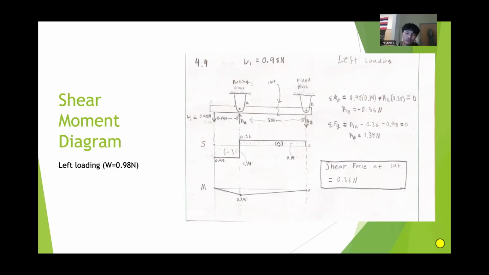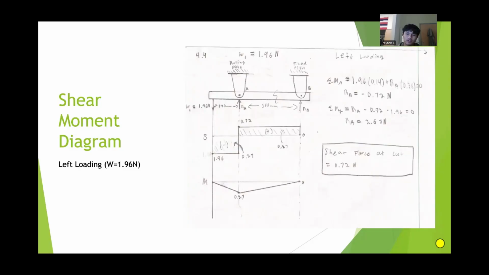The cut is kind of in the middle, and if you go directly down from the cut, that shear is exactly what the shear would be at the cut. The calculations on the side are taking the sum of the moments about the rolling pivot at A, and then finding the reactions at A and B, and then the sum of the forces in Y to find RA. And then next slide.